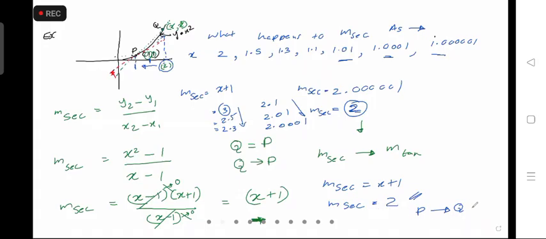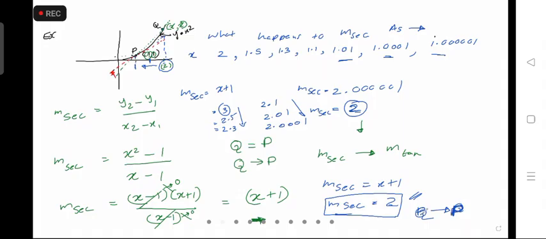Now you know the gradient of the secant. You have to change it: you approach to Q, right? Not we approach to Q.